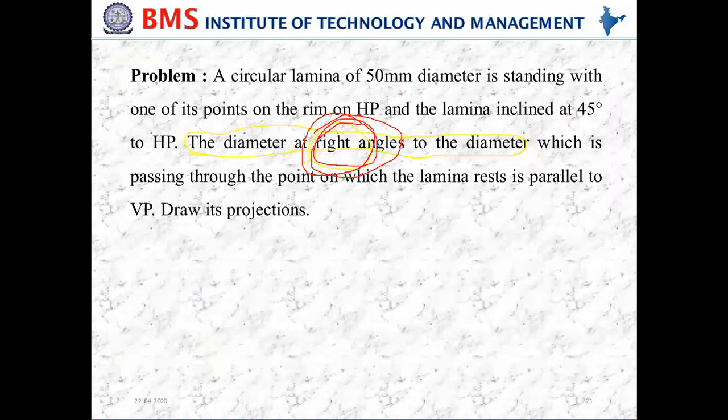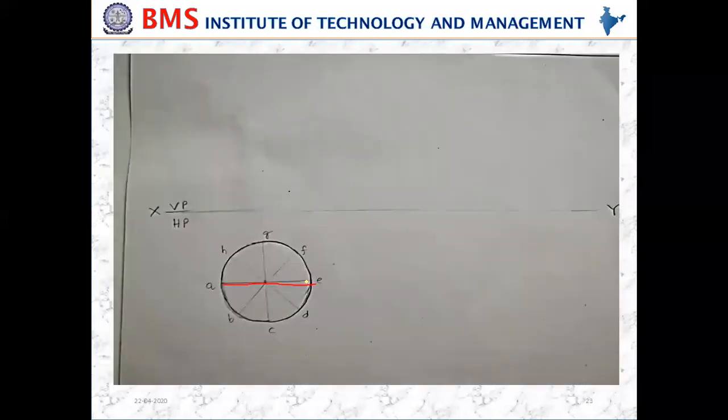The question mentions: the diameter at right angles to the diameter which is passing through the point. So the diameter at right angles to this one is going to be CG. The angle between these two is 90 degrees.